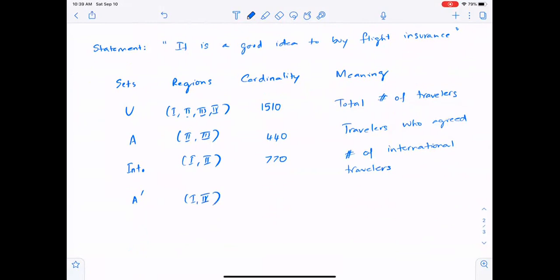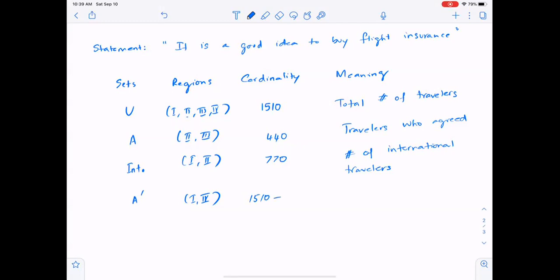So we have to exclude the count of A altogether to get the count for A complement, because I'm excluding all elements that correspond to A from the universal set. So the universal set has a cardinality of 1510.